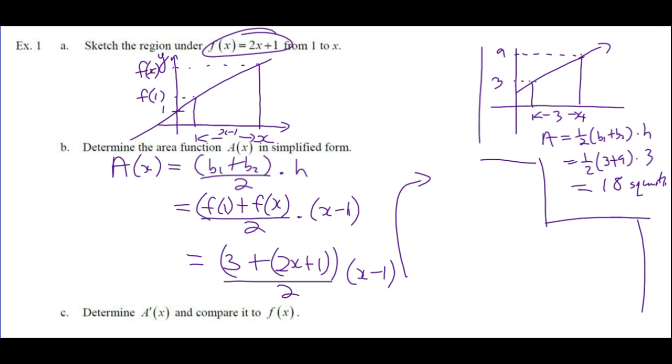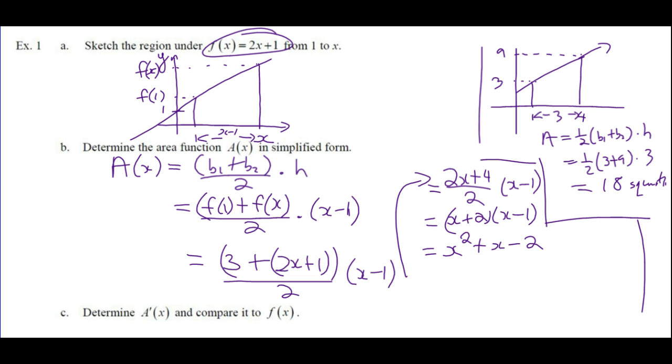Okay, so what do we got up top? Does this simplify? And it is x plus 2. And that's equal to that, right? So there's the area function for the region from 1 to x.